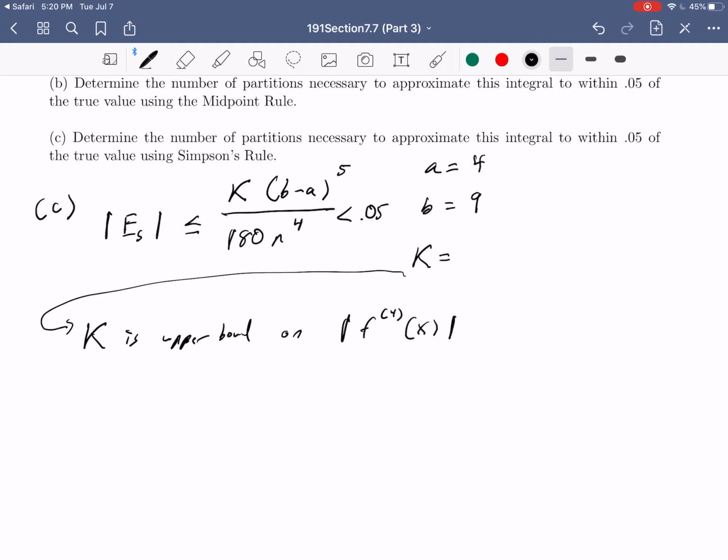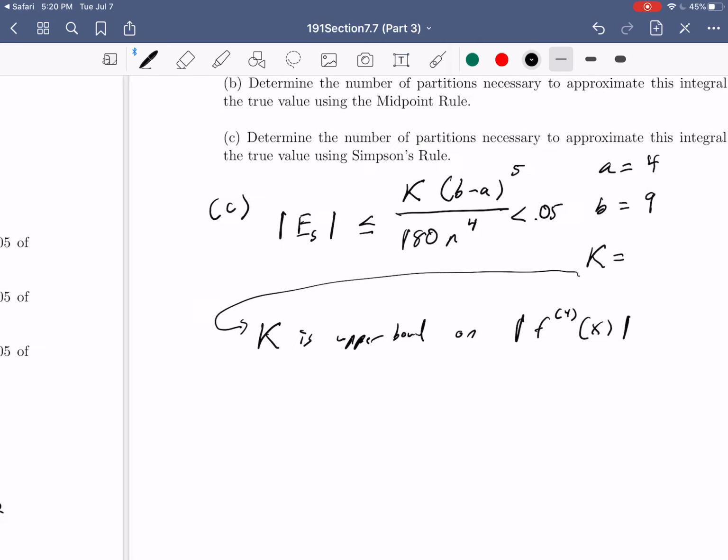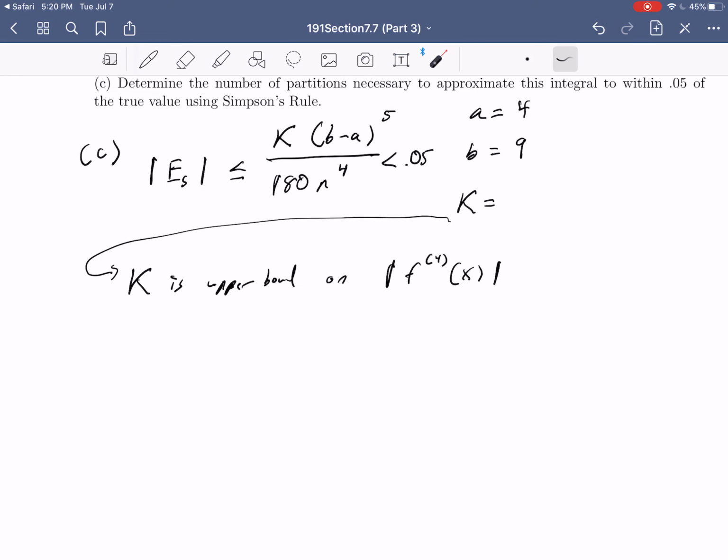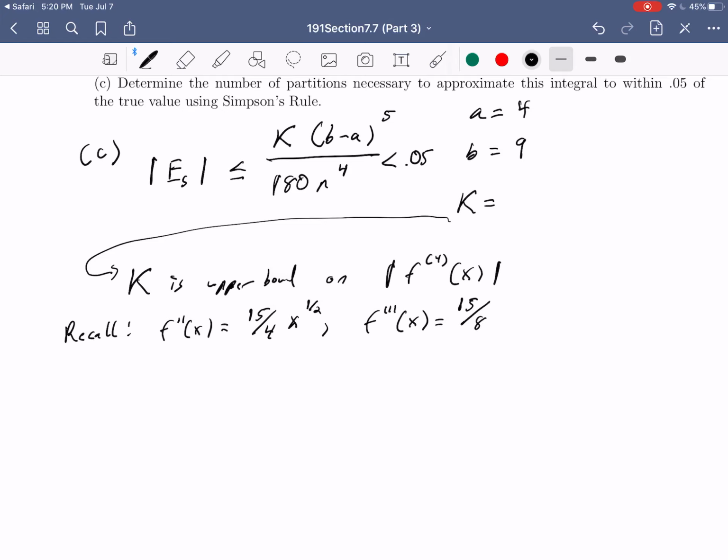Well, we don't have to start from scratch. We actually figured out the second derivative already, so we can just start from there. Recall that f double prime was 15 over 4 x to the 1/2. We can differentiate again and get f triple prime, which looks like it should be 15 over 8 x to the negative 1/2.